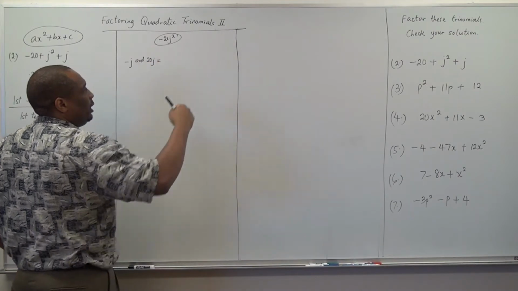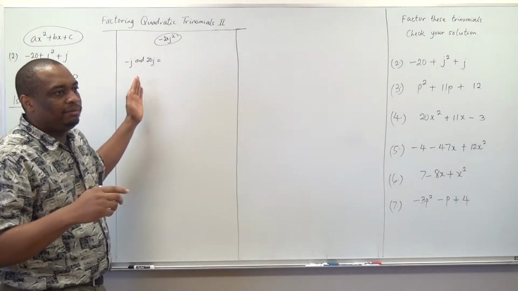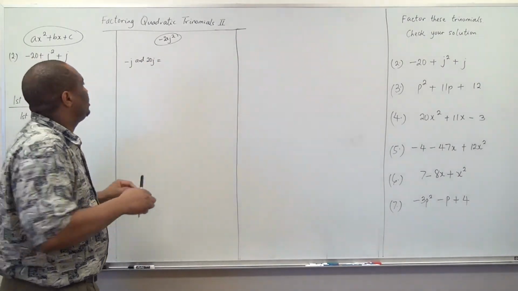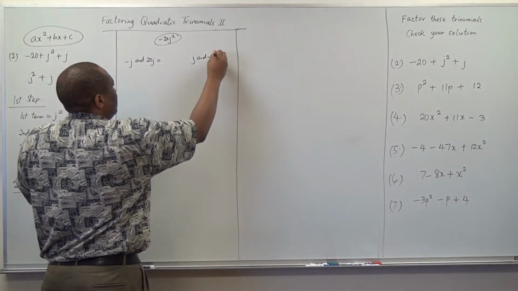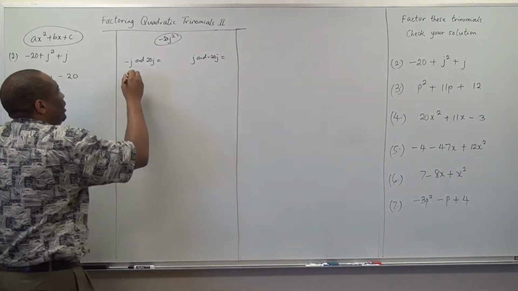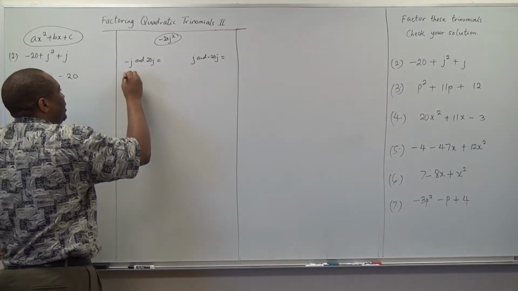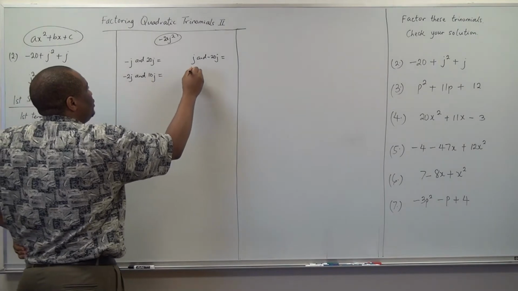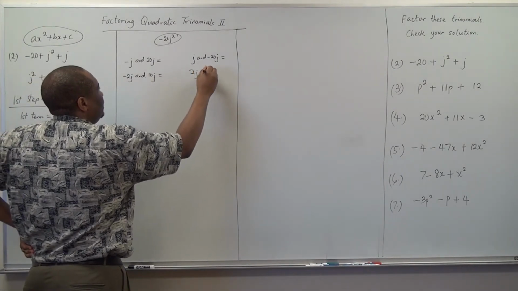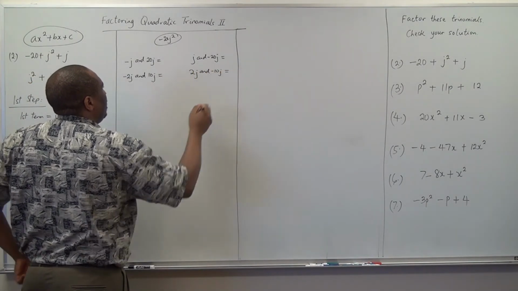And the same way, each one you have the similar one. We also have j and negative 20j. All right. Then we have a negative 2j and 10j. Then we also have 2j and negative 10j.